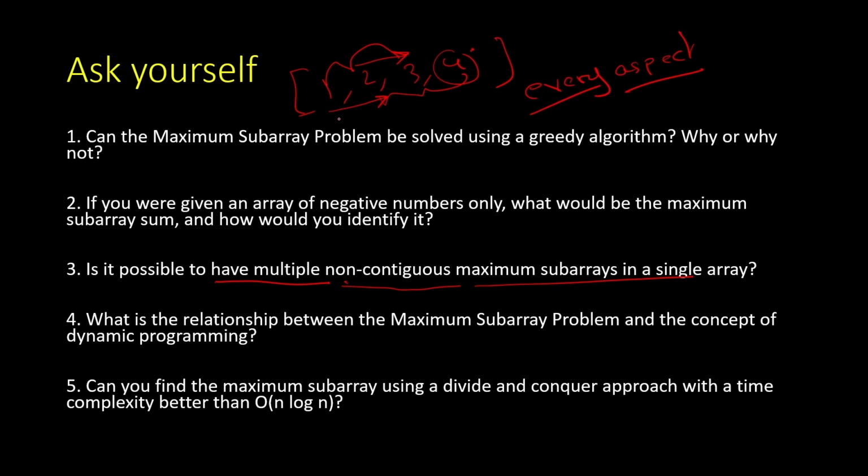What if the question says to find any kind of subarray, I mean a non-contiguous subarray, where 1, 3, 4 can also be a solution? That means you don't need to include everything that comes one after another. The solution might be the first element, third element, and some other element. You don't need to take the entire stretch from here to here. So you can see that particular case in this ask-yourself question.